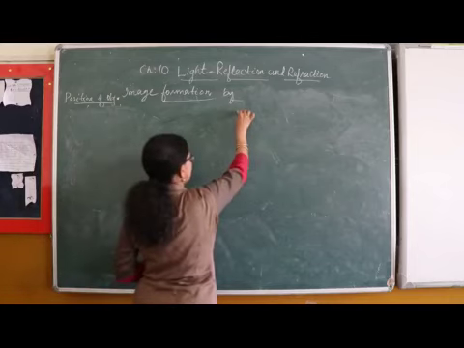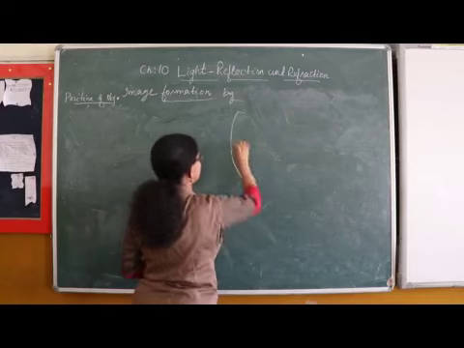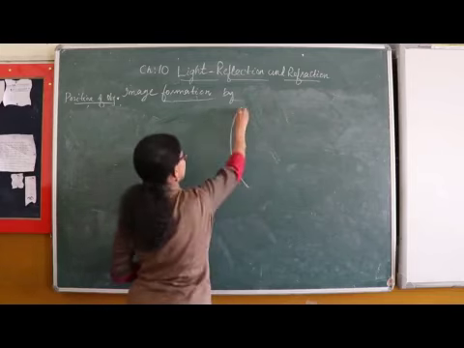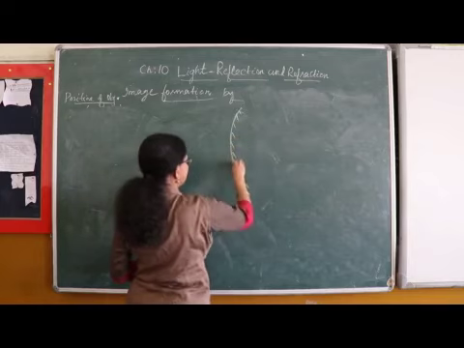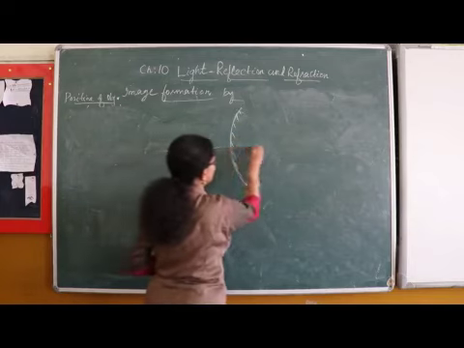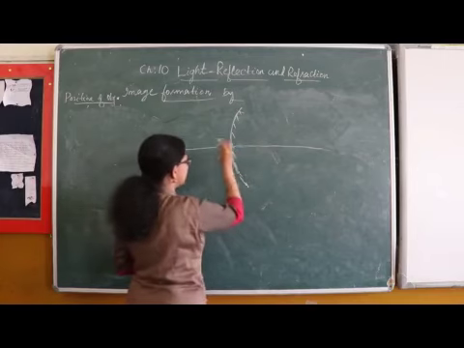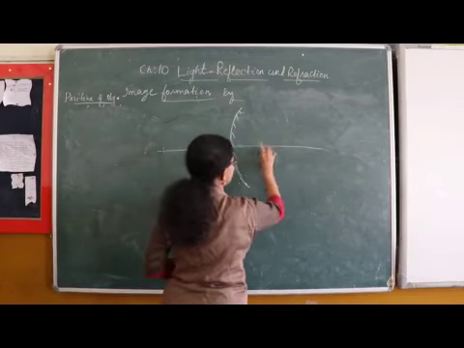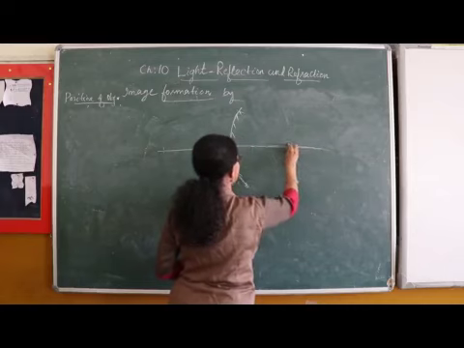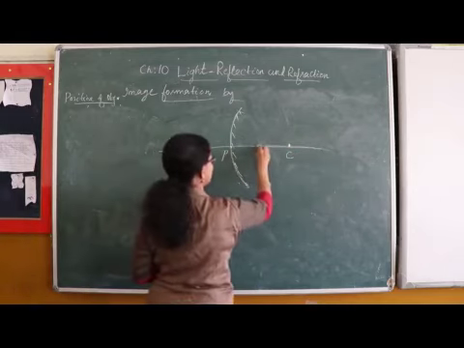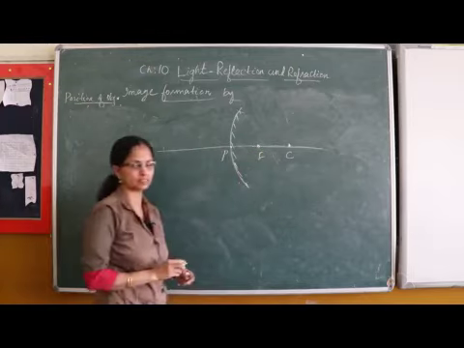Along the principal axis, we know that in a convex mirror, the center of curvature lies on the opposite side, inside the mirror, and the principal focus is also on the opposite side.